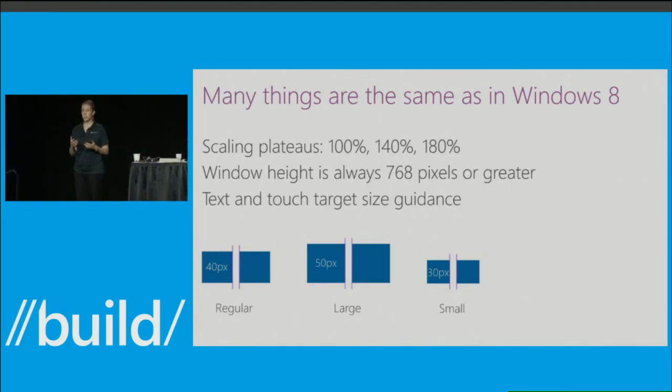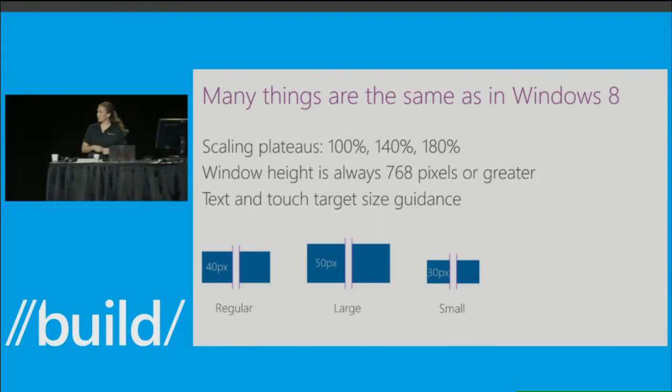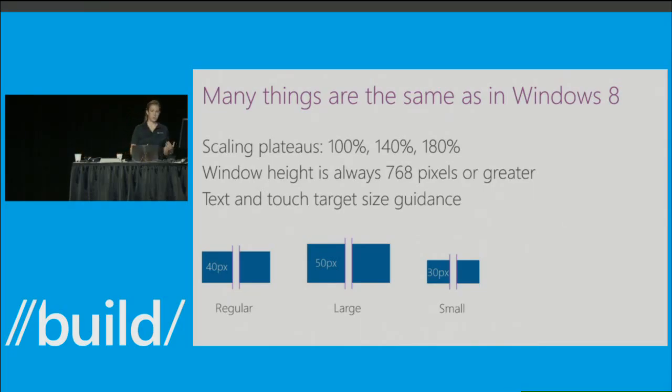So because touch targets are so important for tablets, we like to talk about our touch target guidance. And so on the left there is a 40 pixel by 40 pixel touch target. This is really great to use for all of your normal everyday usage, the controls that people really need to use all the time in your app. Make sure they're at least 40 pixels by 40 pixels. For large controls, this could be major navigation areas, or if I had a purchase button in my app, I would make sure that nobody's going to miss it.